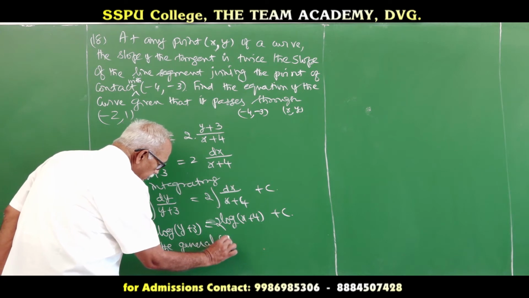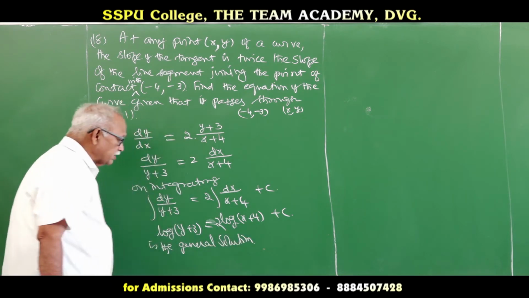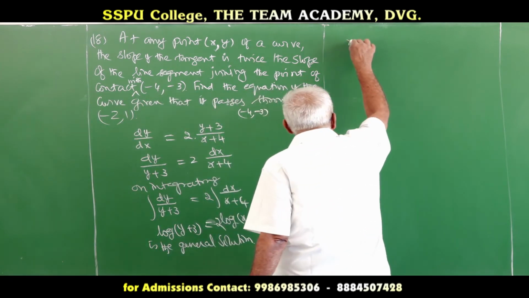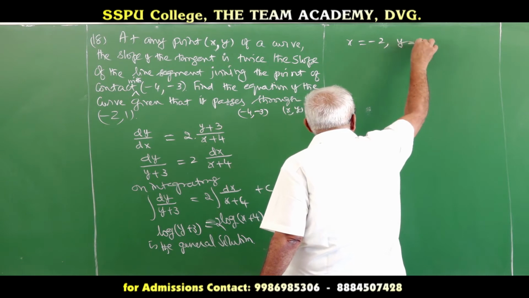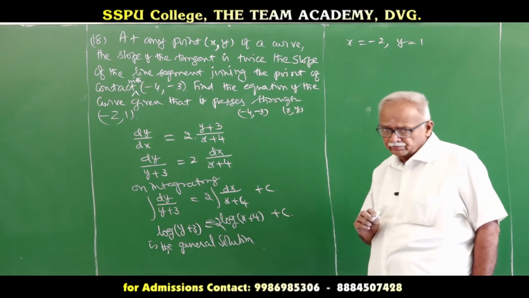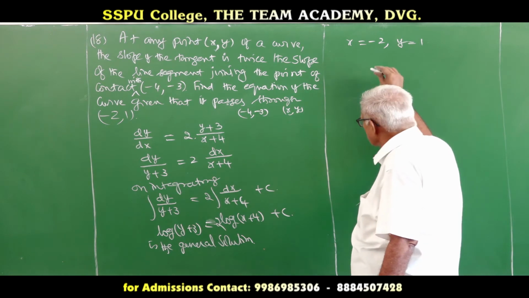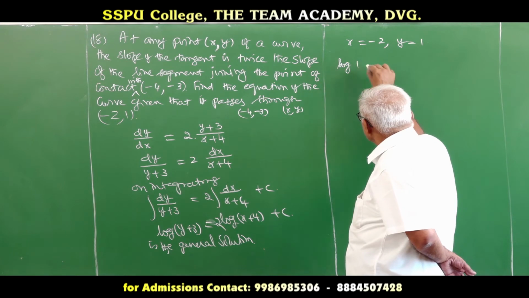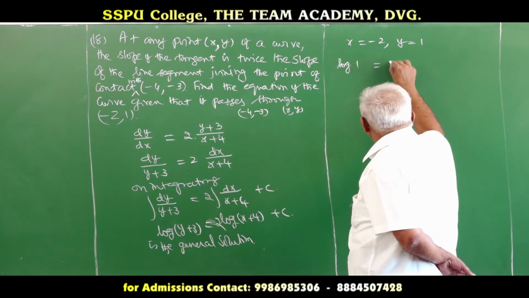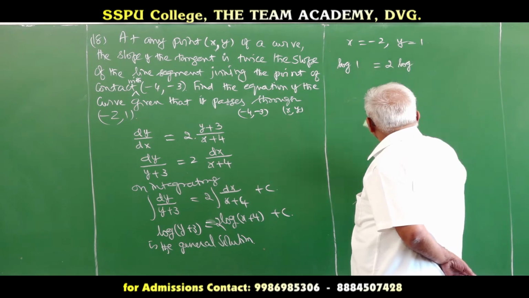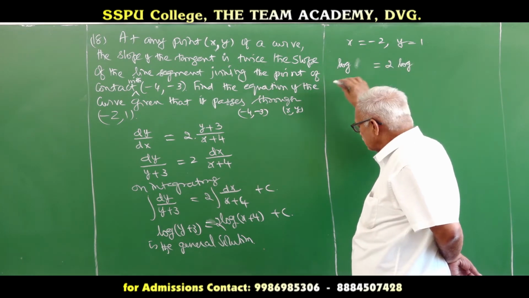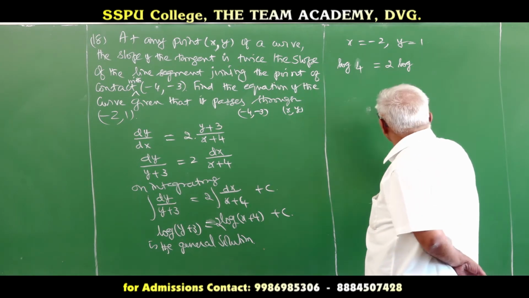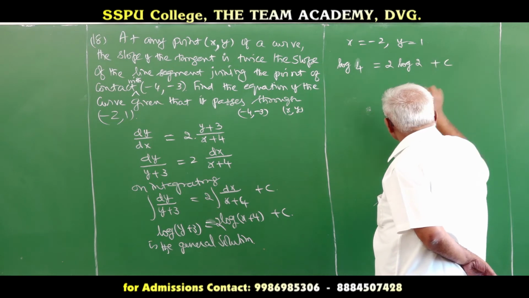Now, the curve passes through the point (minus 2, 1), therefore x is equal to minus 2, y is equal to 1, the conditions given to us. Substituting this in the general solution, for y equal to 1 we get log 4, and for x equal to minus 2, we get 2 log 2 plus c.